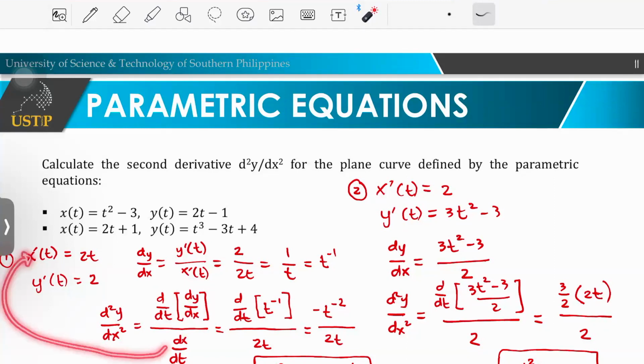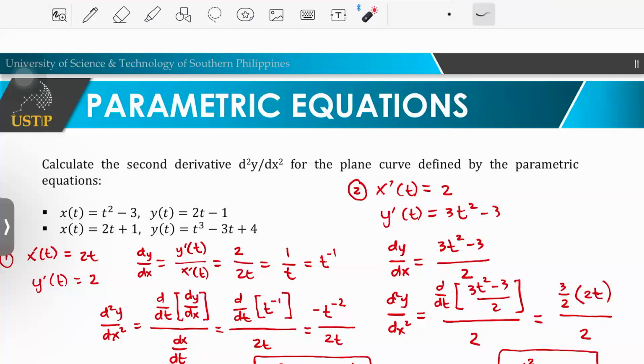It is still 2t in the denominator, and the numerator is t to the negative 1. If we differentiate that with respect to t, that is negative t to the negative 2. And your denominator stays as is. So the second derivative of y with respect to x in terms of t will be negative 1 over 2t cubed.